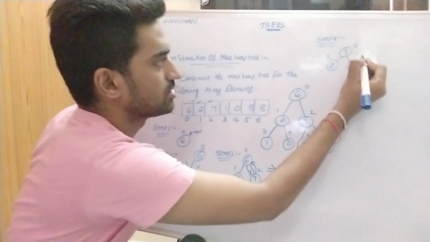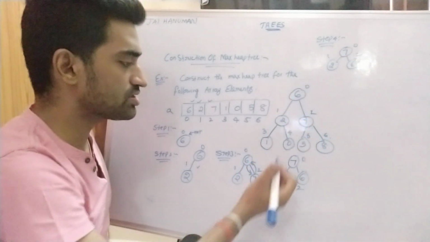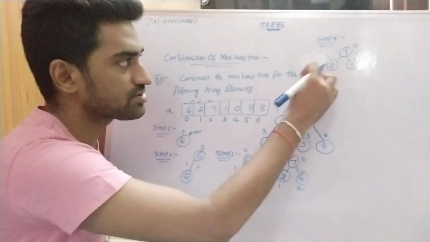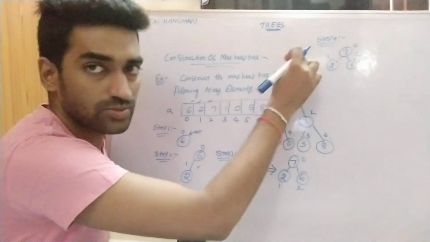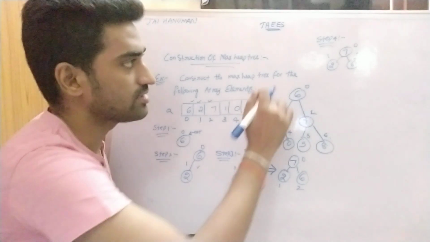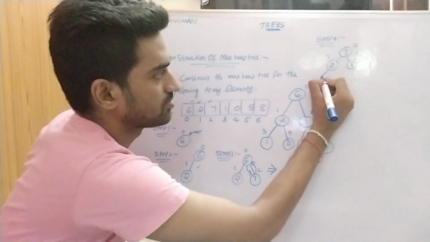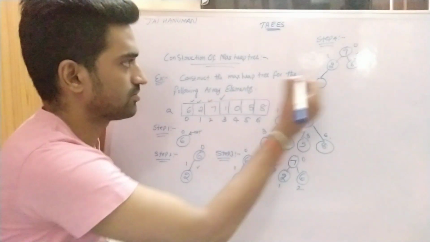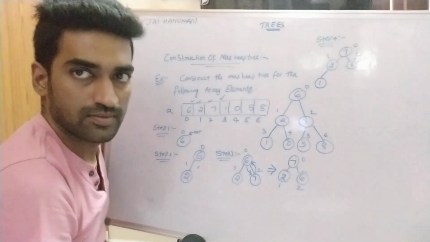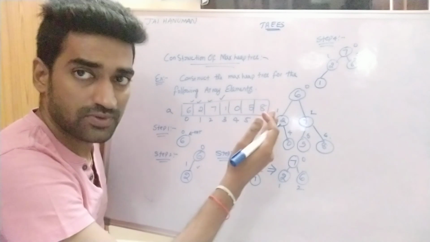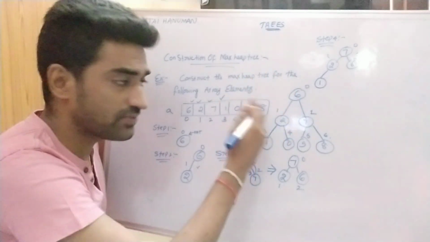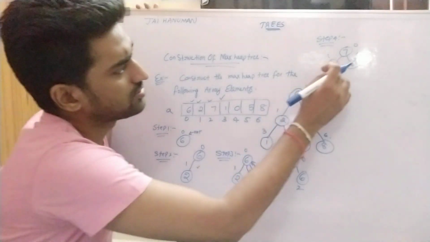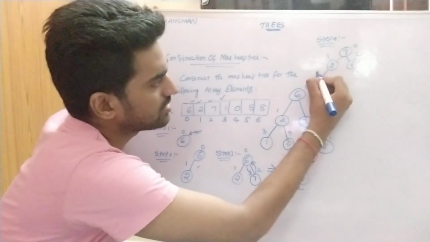For this tree, at which position are we inserting? 2i plus 1, that is 2 into 1 plus 1, the left position, 3. So at the third position we are inserting 1. In a complete binary tree, first of all we fill the left nodes, and only then can we fill the right nodes, right? So this is index 3.